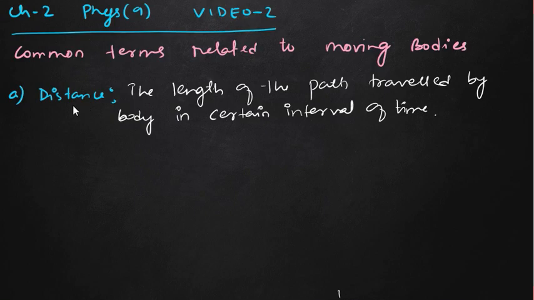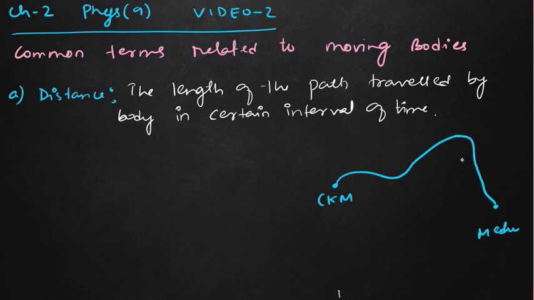Okay, so the first term is distance. Let us give one example before going to the definition. So this is our Chokam, and suppose someone has to go to Medu. So how is the road? Like you have to travel, and again you will reach Digaru, and from Digaru again you have to reach it.